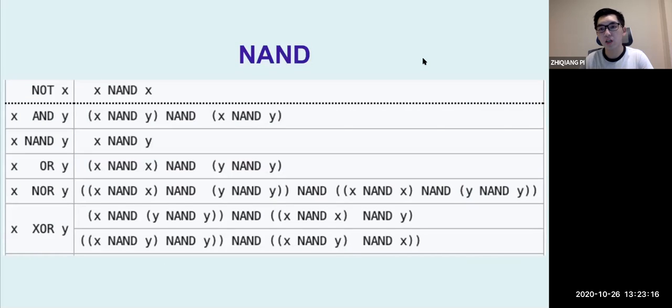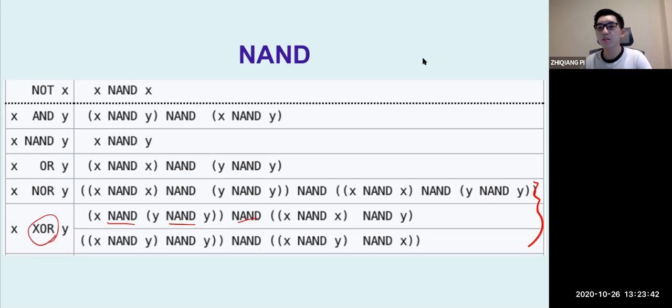And this is a full table of constructing every logic gate we've seen so far using the NAND gate. But something you might notice is that looking at the last 3 rows, you can see that we're using a whole lot of NAND gates to construct a single logical operator. And you might think to yourself, how is that efficient?